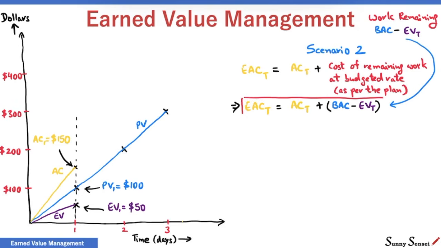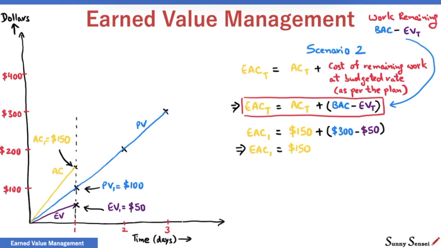This is the formula for scenario 2. In our example, estimate at completion at the end of day 1 will be actual cost at the end of day 1, $150, plus BAC $300, minus earned value at the end of day 1, $50. So, the estimate is $400.